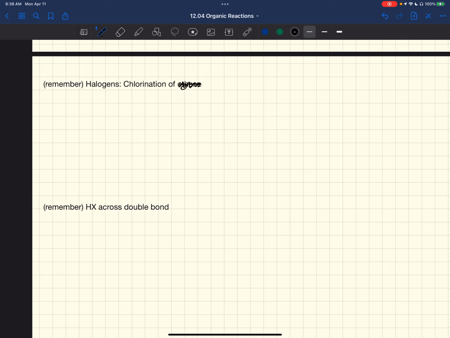All right. So, another addition reaction. Now, the thing that's a little confusing is this is going to look very similar to something that we've seen before, except this time, the chlorine atoms are going to both be attached.